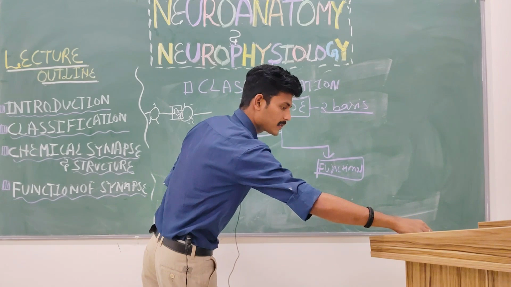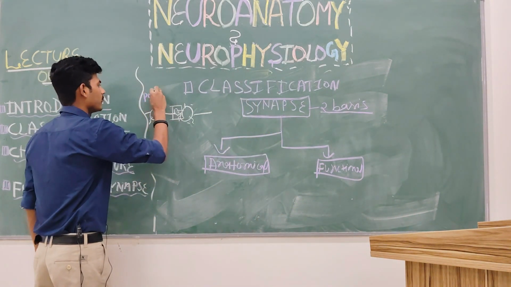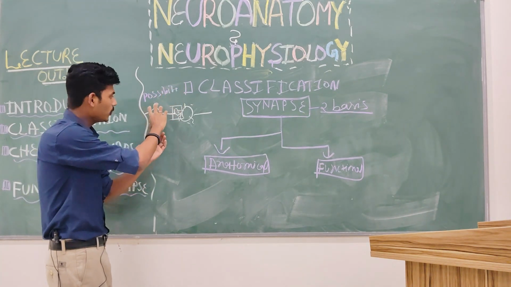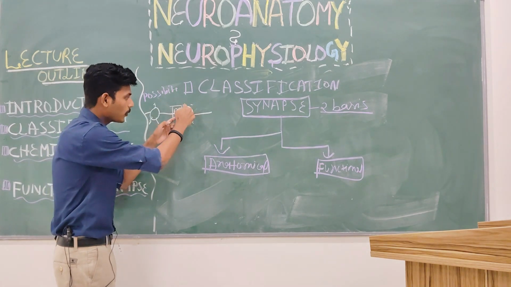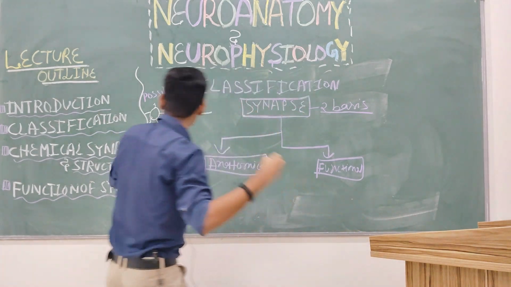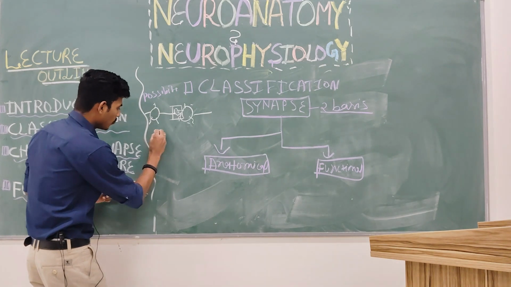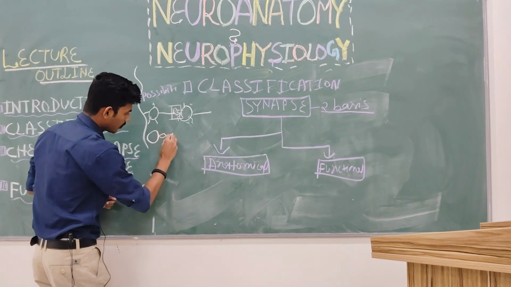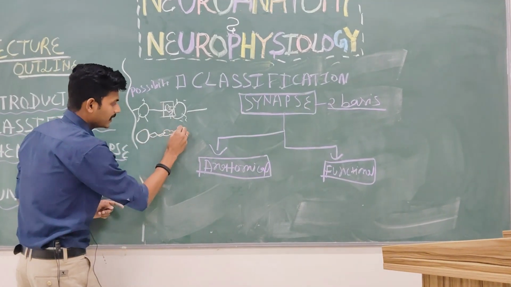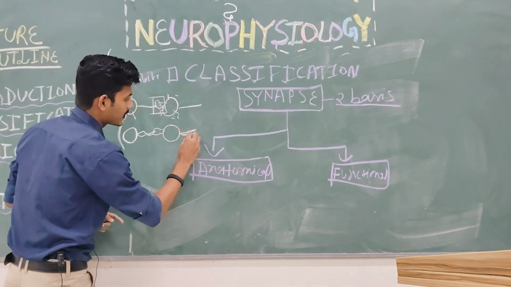In the anatomical classification, it's very easy to understand. How many possibilities are here? Either one neuron's axon can rely on another neuron's dendrites. That's one possibility which we highlighted already. Or the other possibility is that one neuron's nerve endings rely on another neuron directly on the soma, or we can say the cell body.